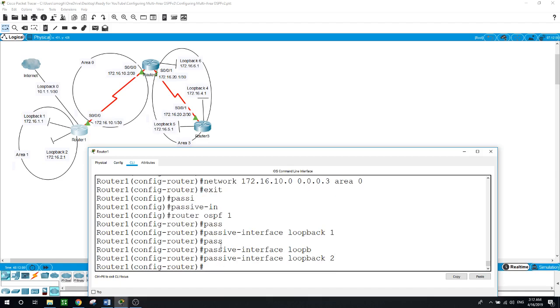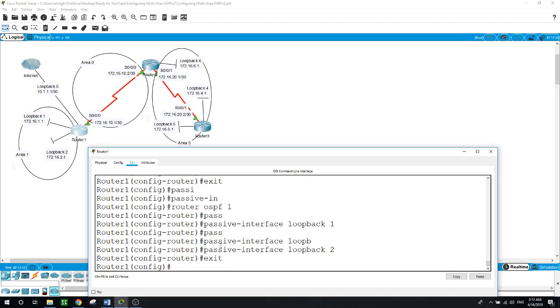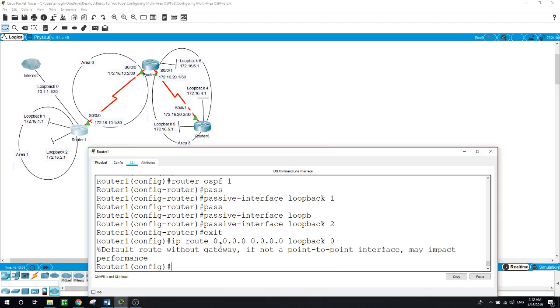Also here, we are still on router 1. I will create a default route to the internet using the loopback 0 interface. Exit. Now default route: ip route 0.0.0.0 0.0.0.0 and the interface for loopback 0, the loopback connected to the internet.